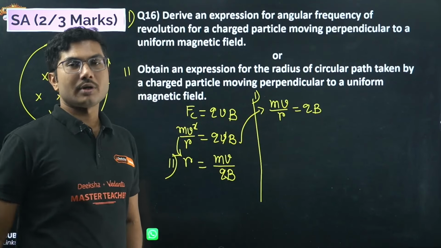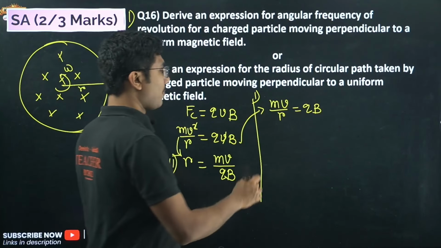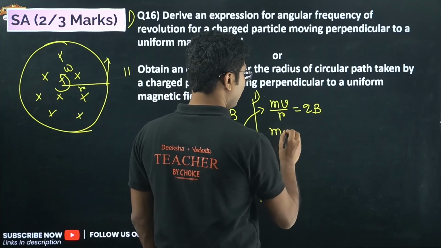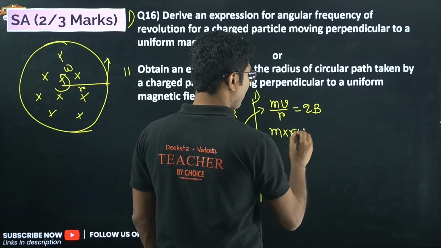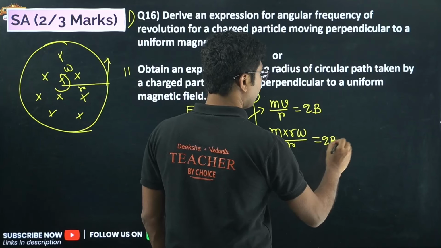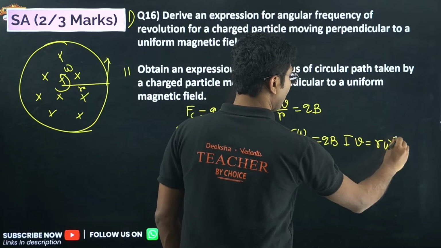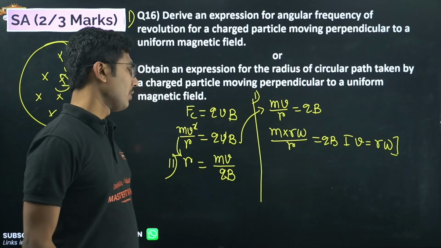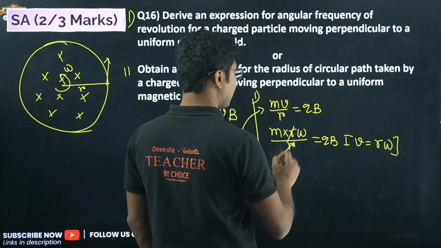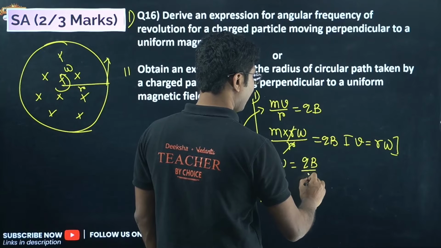So m into r into omega divided by r equals qB. You have to write v equals r omega, where omega is angular frequency. Okay, so r cancels, and you get omega equals qB upon m.